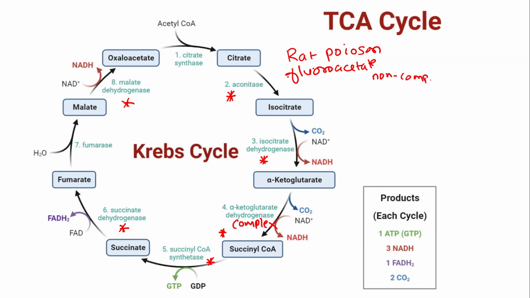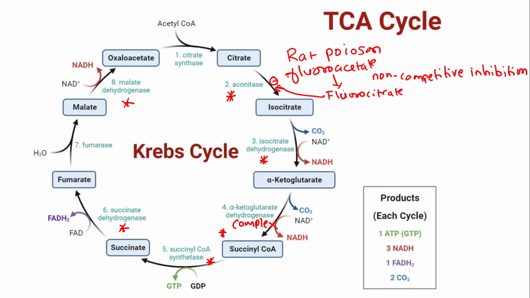Non-competitive inhibition on aconitase enzyme. So that's what I written down there. What happens is this fluoroacetate, it will combine with citrate to become fluorocitrate. So I'm going to write down here, fluoroacetate become fluorocitrate. And this fluorocitrate is the one that will have a negative effect on the enzyme. So the non-competitive irreversible inhibition on aconitase is actually done by fluorocitrate, not fluoroacetate.